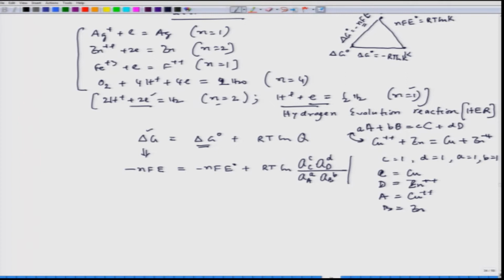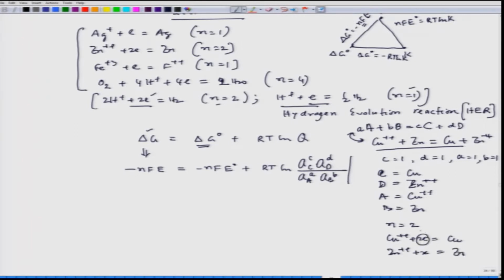Now, since we are not specifying here the number of electrons associated with this particular process, n equal to 2. Why? Copper plus plus plus 2e equal to copper, since our convention is we will always take reduction reaction, and zinc plus plus plus 2e equal to zinc.